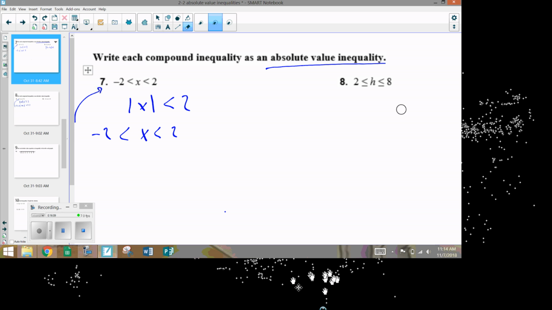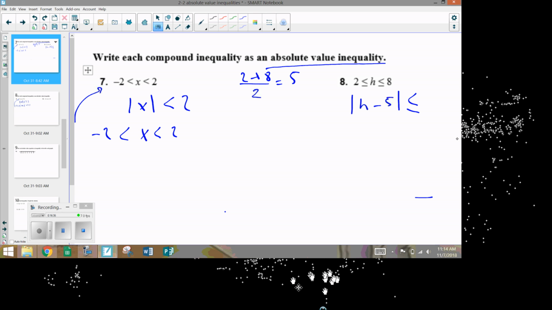What is it? Okay, here's the rule. Pay attention to the rule. So you're going to take the average of those two numbers, 8 and 2. Is equal to 5. Okay, absolute value, h, you will subtract that, and average goes inside of the absolute value.